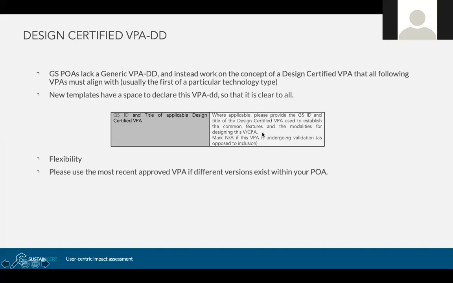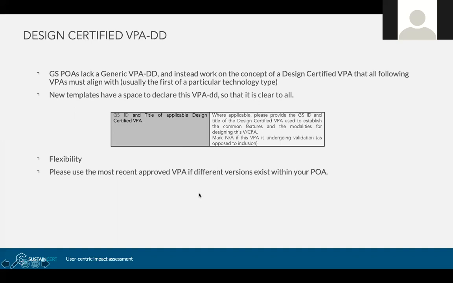So it's important to point out flexibilities. We are aware that some VPAs have been reviewed differently, and this is certainly the case for POAs that are older. They've been established for a number of years. There's probably VPAs that have got slightly different designs over the years. What we would like developers to do is to use the GSID of the most recently approved VPA-DD.